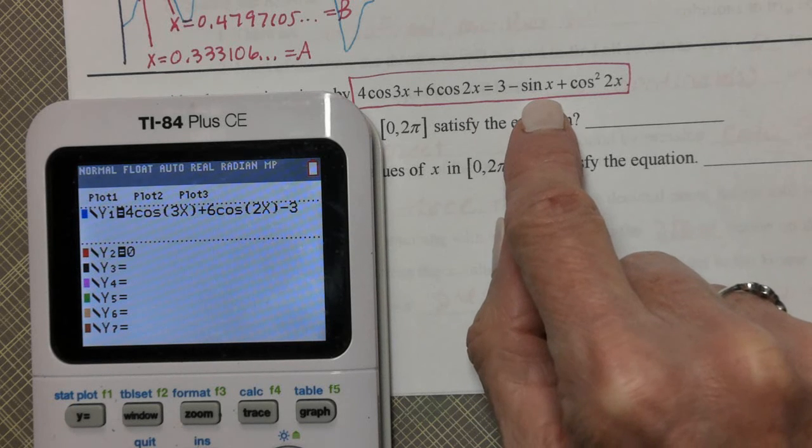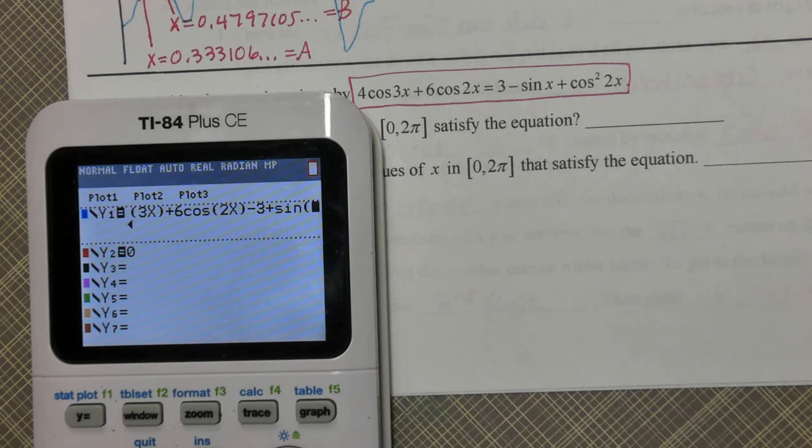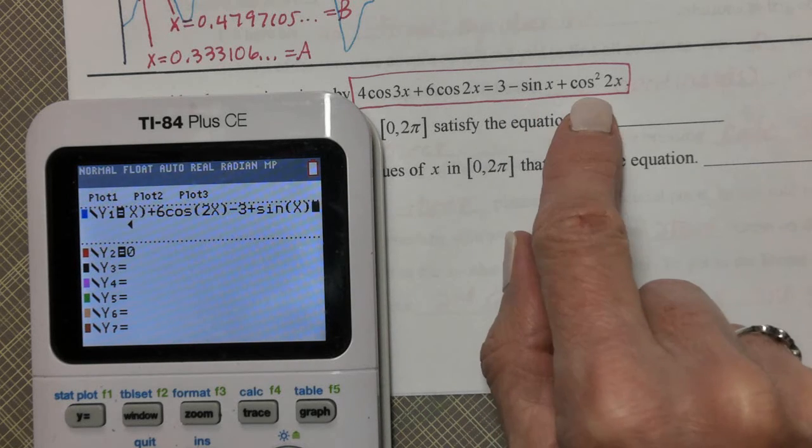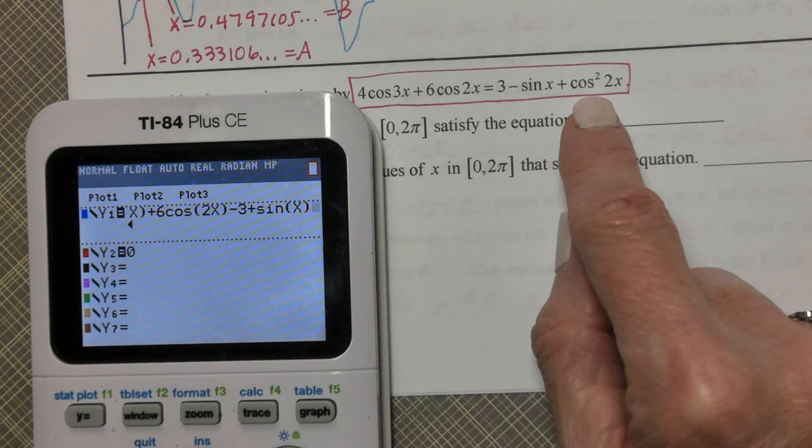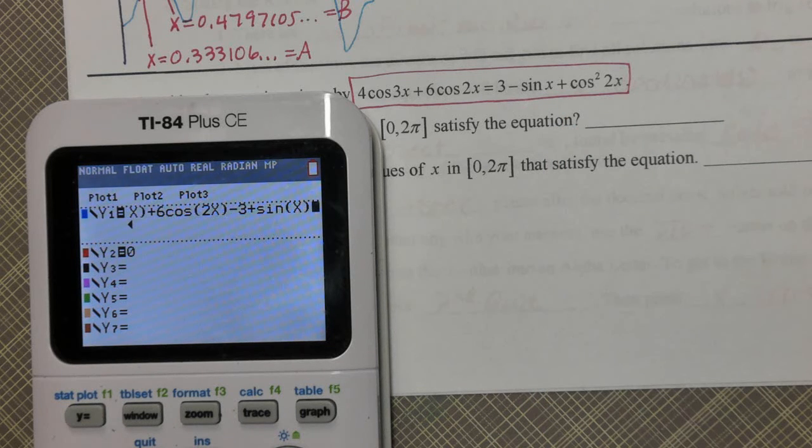I'm bringing sine x to the left, and that'll make it a plus sine x. And then I'm bringing cosine squared of 2x to the left. It'll be a minus, and then I want cosine squared of 2x, so parentheses, cosine of 2x, close parentheses on the 2x, close parentheses on the cosine, and then square.